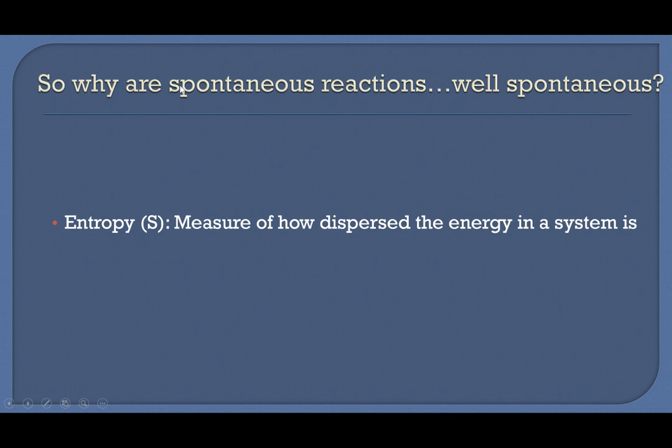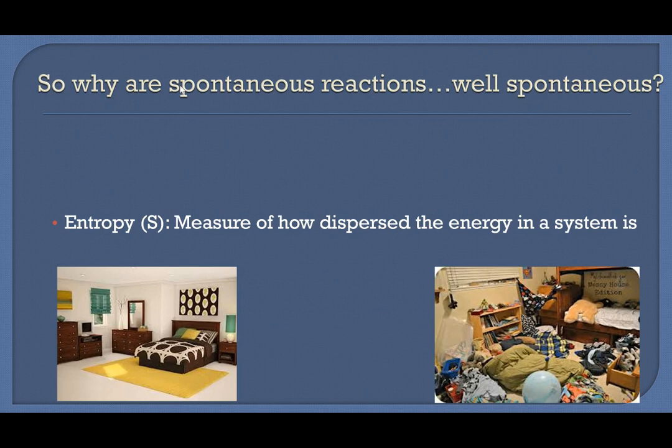For entropy, entropy is the measure of how dispersed energy is, or how spread out, or how messy that energy is in a system. And so in this case, we want energy to be spread out. We want it to be dispersed. Okay. So think about your room.